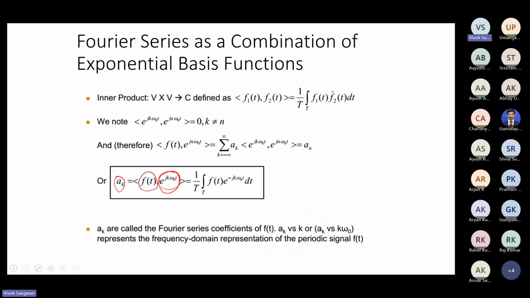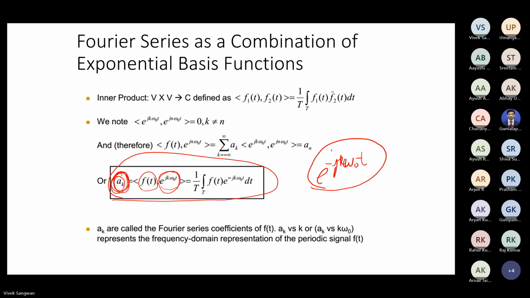Fourier coefficient a_k was the weightage, the contribution, of e raised to the power j k omega_0 t in the original function. So a_k was the coefficient of this complex exponential, which has a frequency k omega_0.